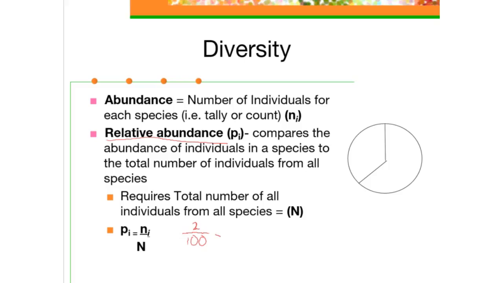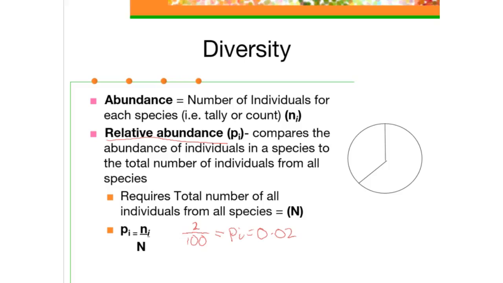We call that the proportion, or P, of crocodiles in that area, 2 out of 100, or 0.02. That's the proportion of that species, the crocodiles, compared to everything else.